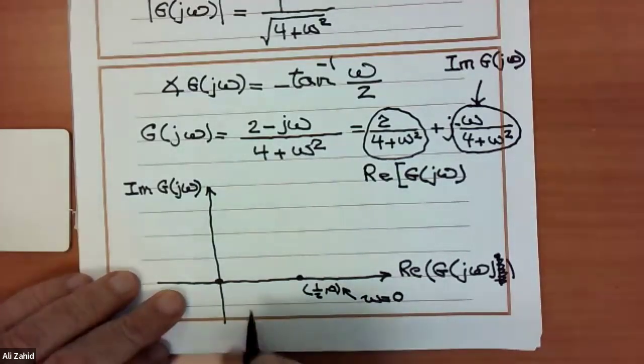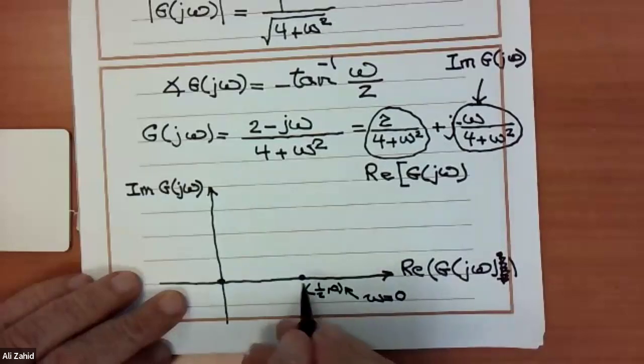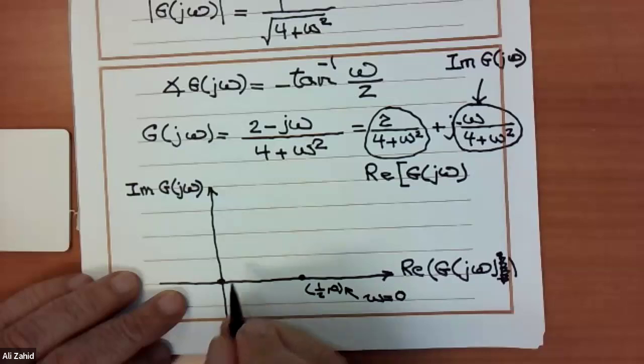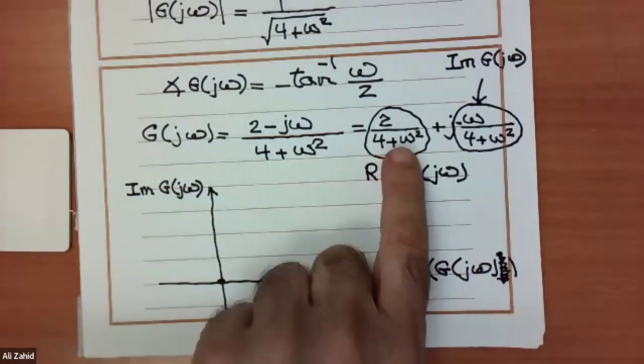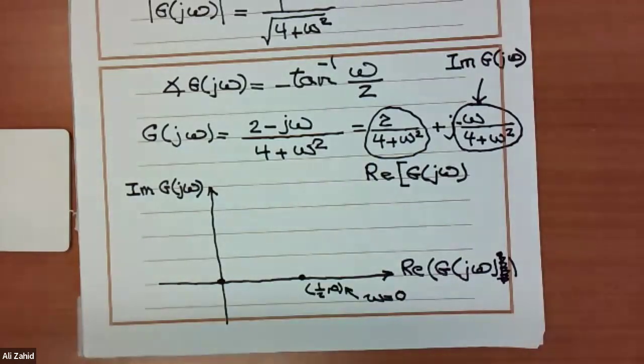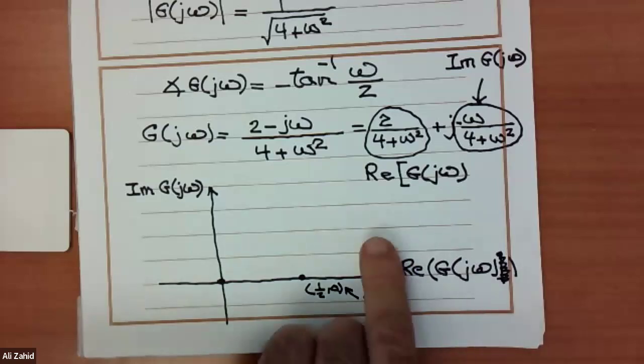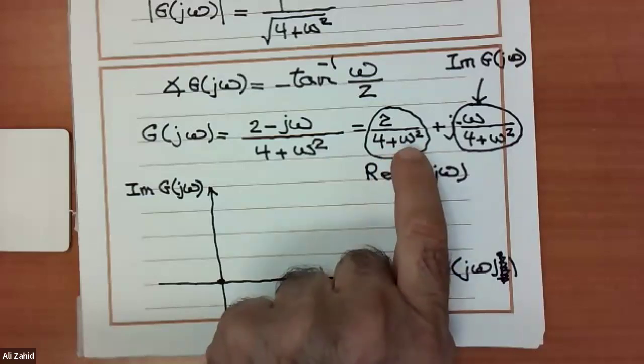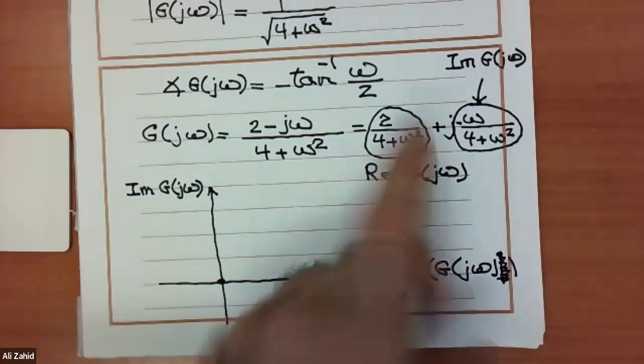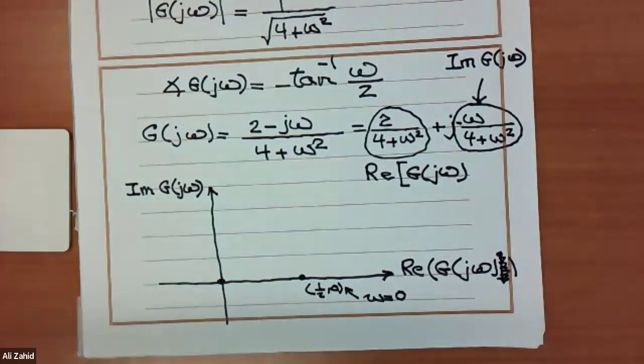Now, the question is how it is going to move. Will it move down or will it move up? So let's see. The real part, is it always positive? Look at the real part, for omega from 0 to infinity. Is it always positive? Yes, it is.